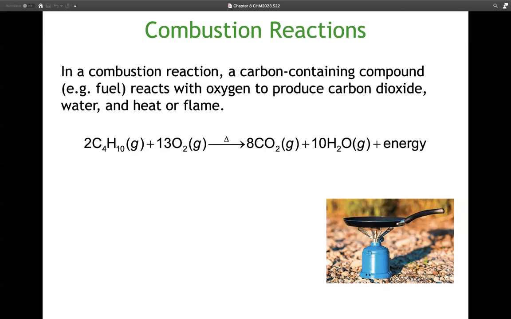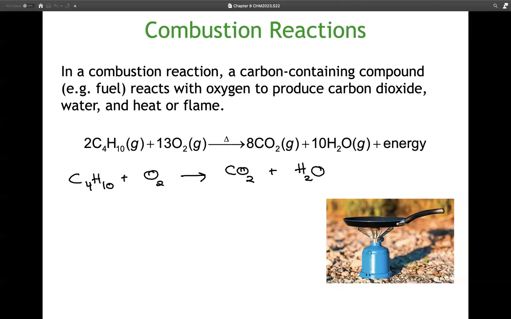Okay, we could balance it. Let's try. C4H10 plus O2 goes to carbon dioxide plus water. Remember, start from the left to the right. Keep hydrogen and oxygen for last.